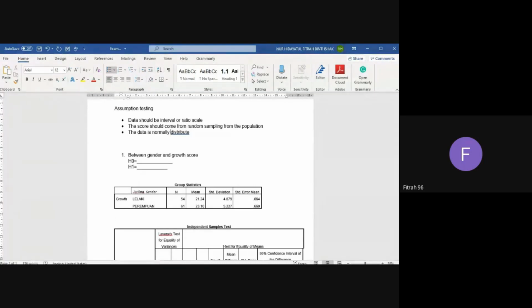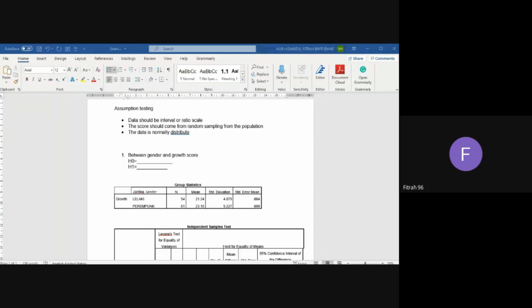And then my first kan because dia cakap in the questions. Okay, kalau you nampak soalan, siapa tengok soalan semalam? Okay, kalau daripada soalan dia cakap dia kena ada 3 statistical test, at least 3 statistical test and then 2 analysis for each kan.